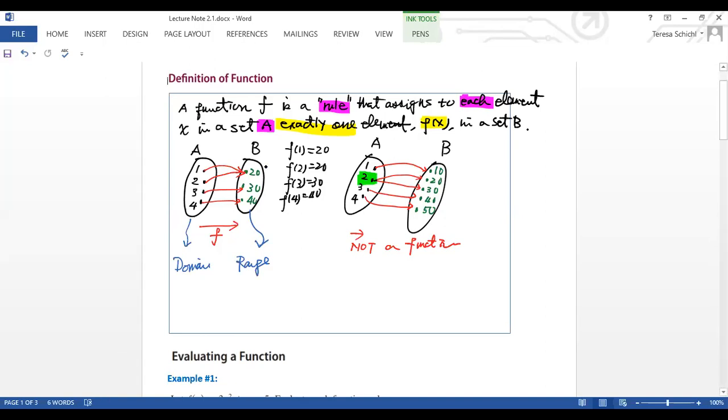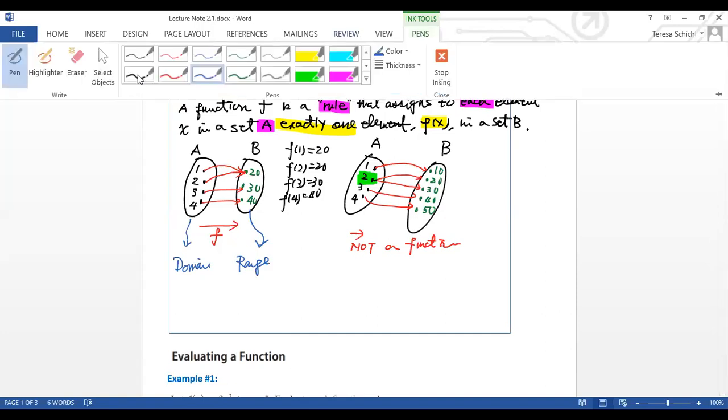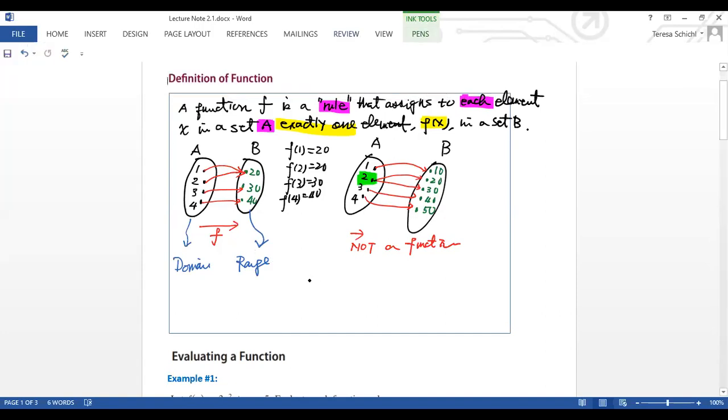Also, some books like this kind of graph here. It's kind of like a machine, right? You have some equipment here, and they draw a graph like this. Something comes in, so you get an X, right? The X comes in, and we call this the input.